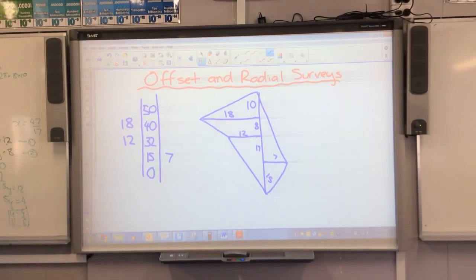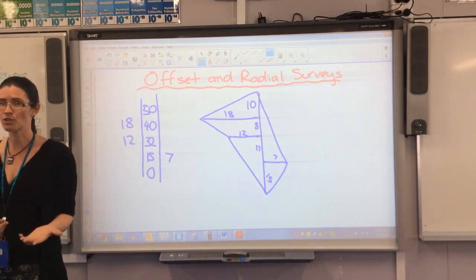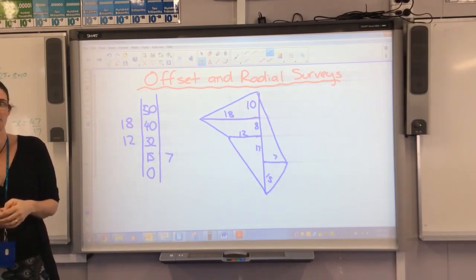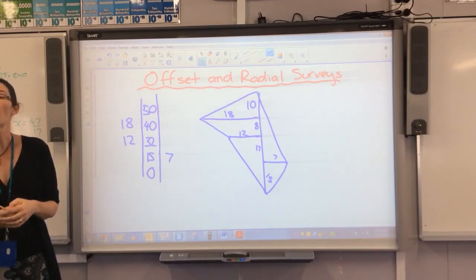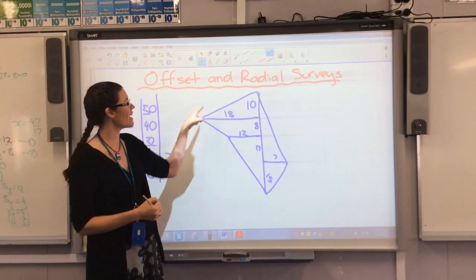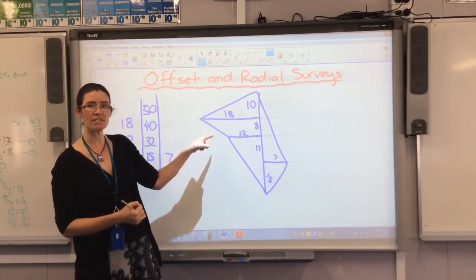Once we had our diagram, the question then asked us one of two things. It either asked us about the perimeter of the shape or the area of the shape. What rules did we use to calculate the perimeters? Pythagoras. So for each triangle, we used Pythagoras to calculate each distance. We had to be careful with this distance.